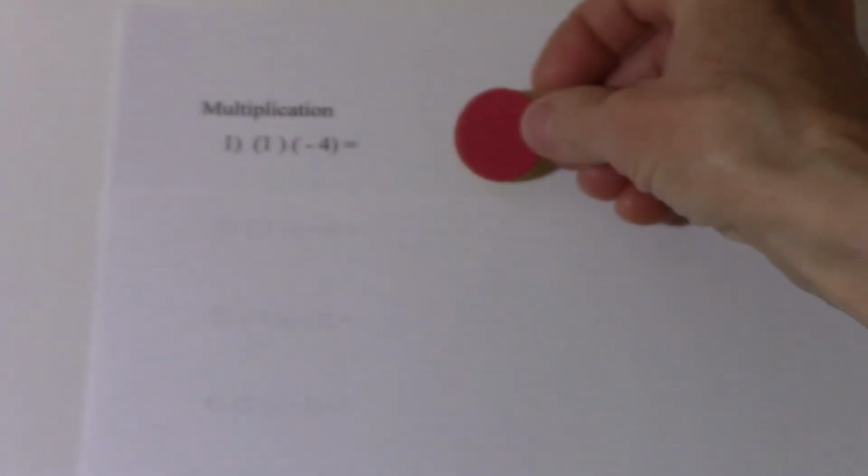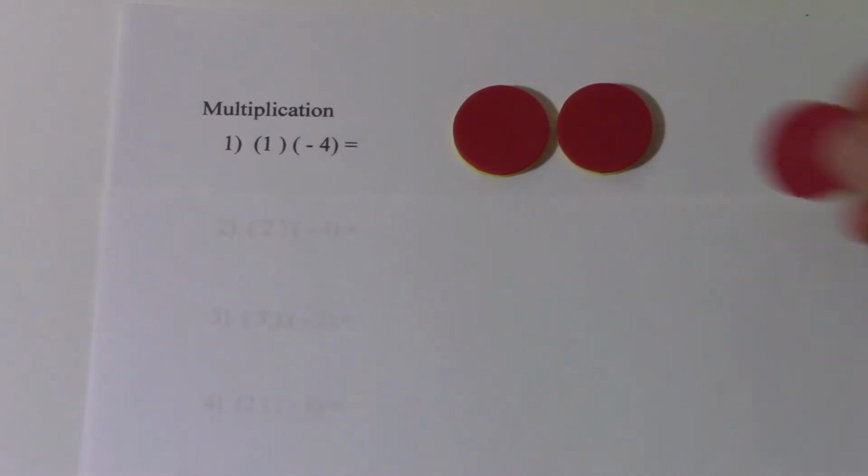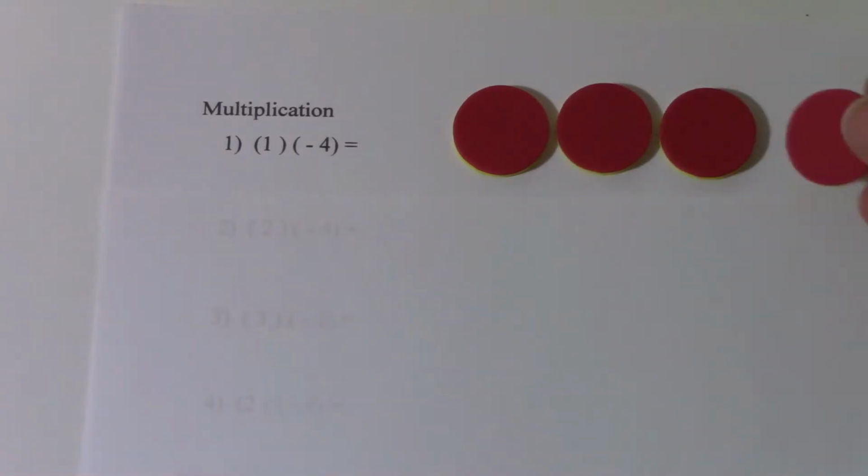For this example, I have the number 1 times negative 4, which I'm going to think of as one group of negative 4. So here I see that my answer is negative 4, because that's what I have. I have one group with negative 4.